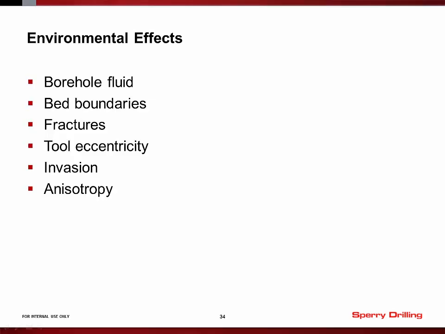And finally, anisotropy, which is a property of the formation where the resistivity is different depending on which direction you measure it in. That typically comes into play where we have thinly laminated formations, where the resistivity parallel to the bedding planes is generally lower than the resistivity perpendicular to the bedding planes. And the tool is sensitive to both of those things, and we have to look out for that in those kinds of situations as well.